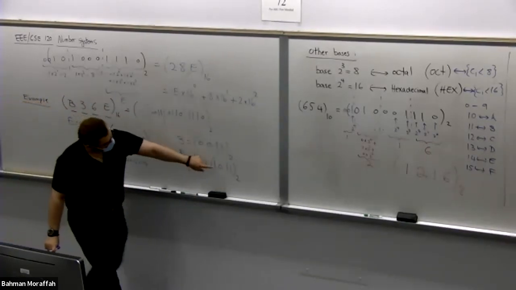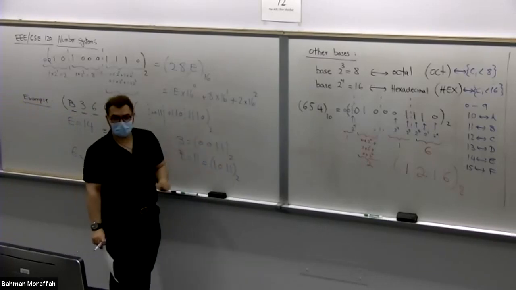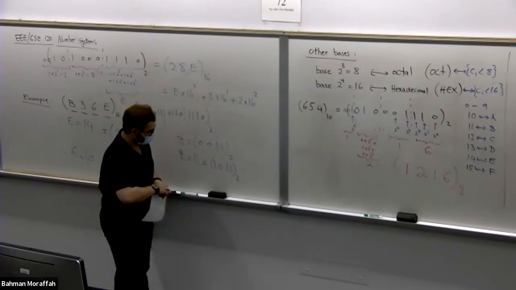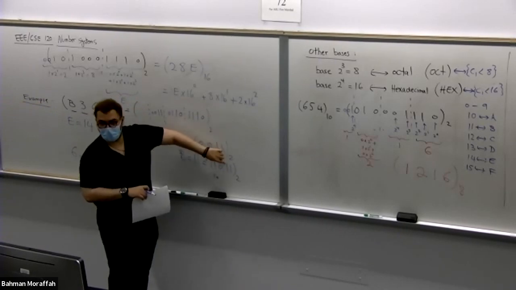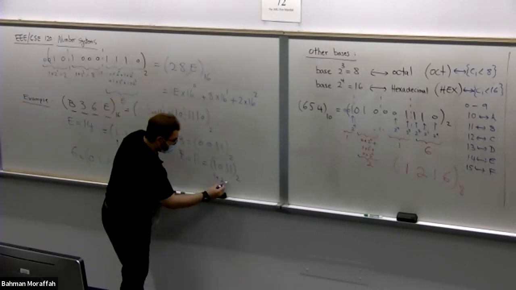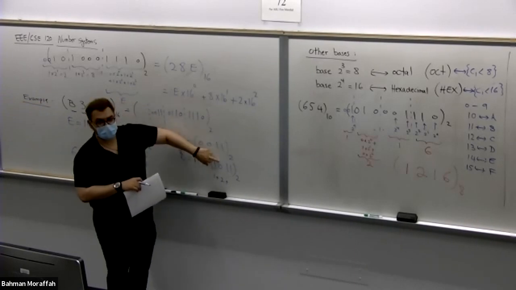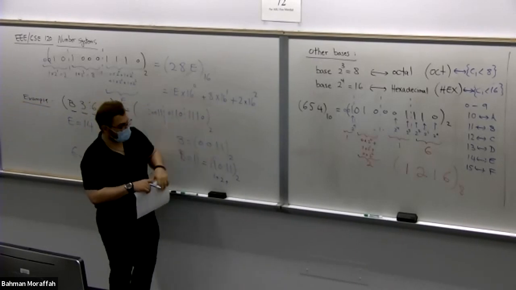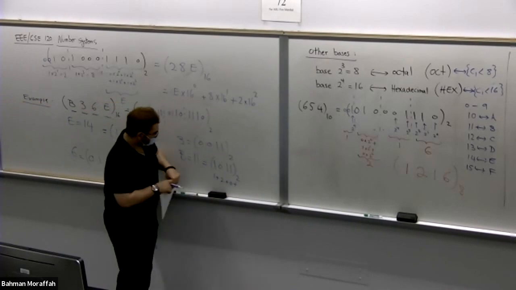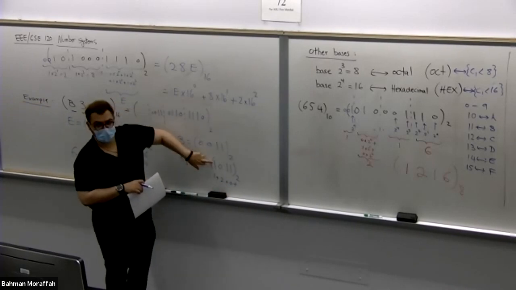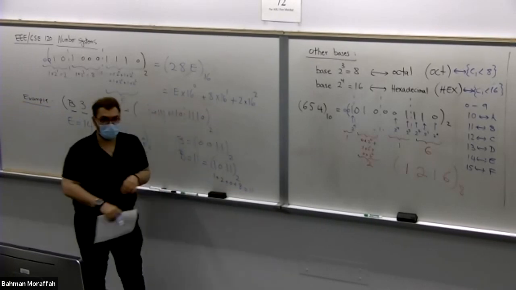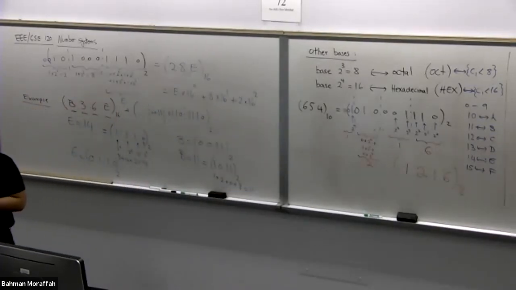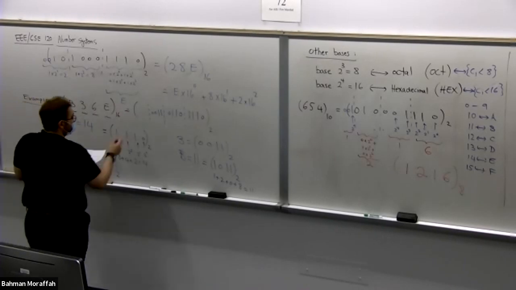That is 1 times 2 to the 0, so it's 1. 1 times 2 to the power of 1, so it's a 2. 0 times 2 to the power of 2, so it's a 0. And 1 times 2 to the power of 3, which is an 8. Which adds up to the element. Then I just need to put it over here.